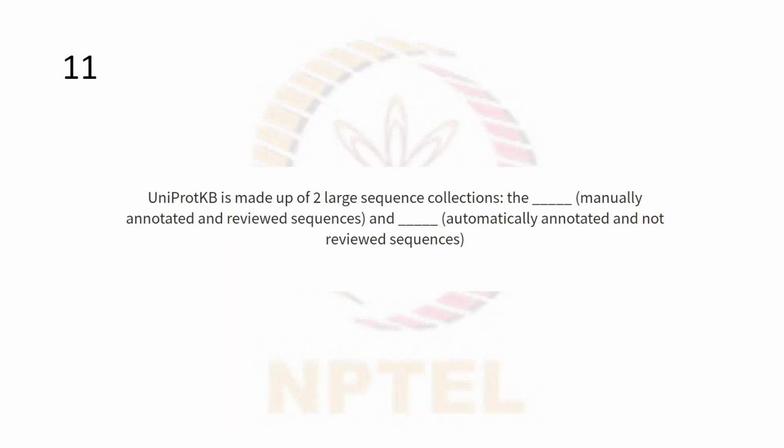UniProtKB is made up of two large sequence collections. One is manually annotated and reviewed, the other is automatically annotated and not reviewed.